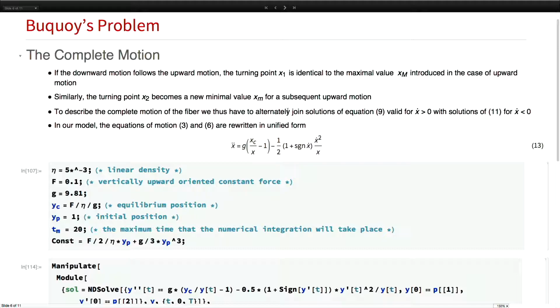Similarly, the turning point x2 becomes a new minimal value x_m for a subsequent upward motion. To describe the complete motion of the fiber, we thus have to alternately join the solution of equation 9, valid for ẋ greater than 0, with the solution of 11 for ẋ less than 0.